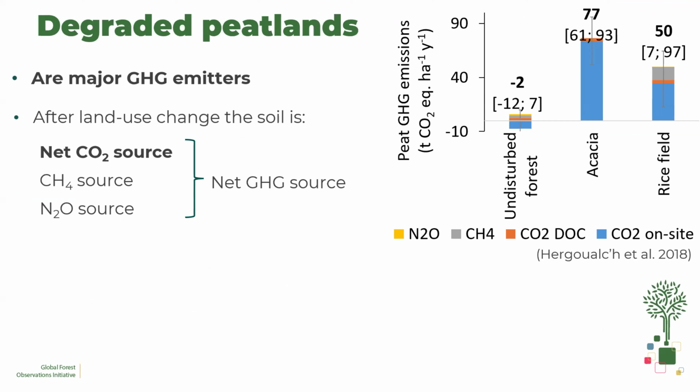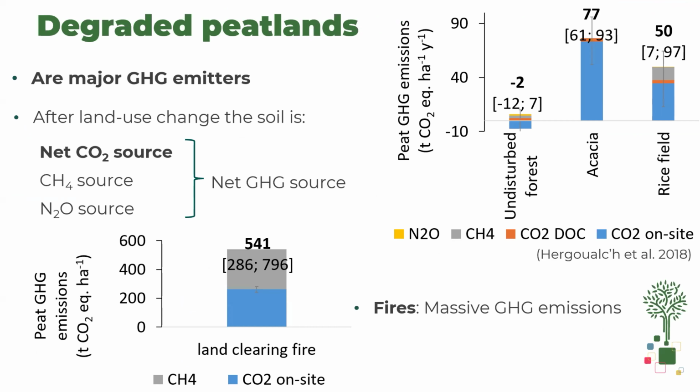We can see the balance of the 3 greenhouse gases in an acacia plantation on peat and a rice field on peat. So the most preoccupying activity is fires. Fires emit large amounts of greenhouse gases into the atmosphere. And you can see here the IPCC defaults for land clearing fire.